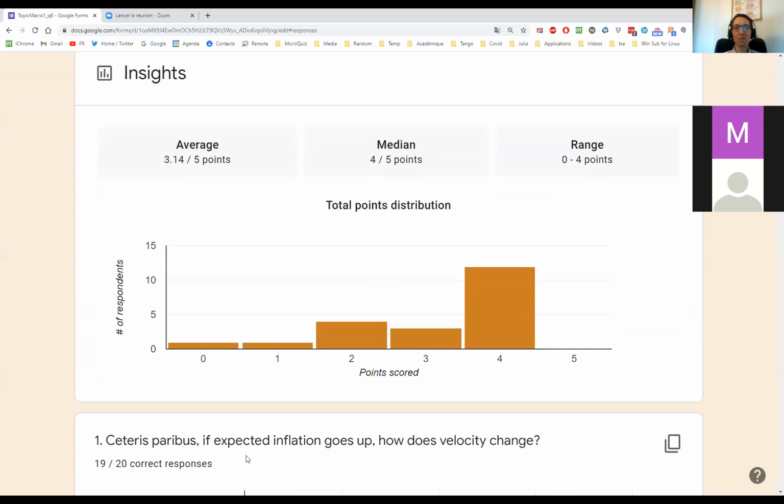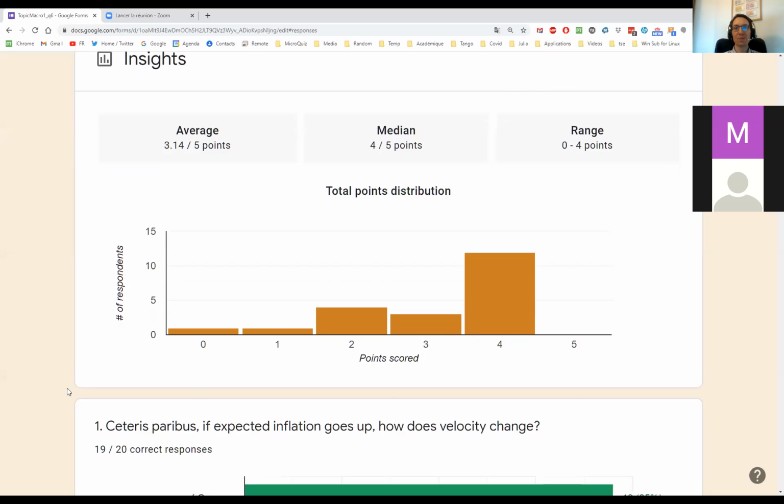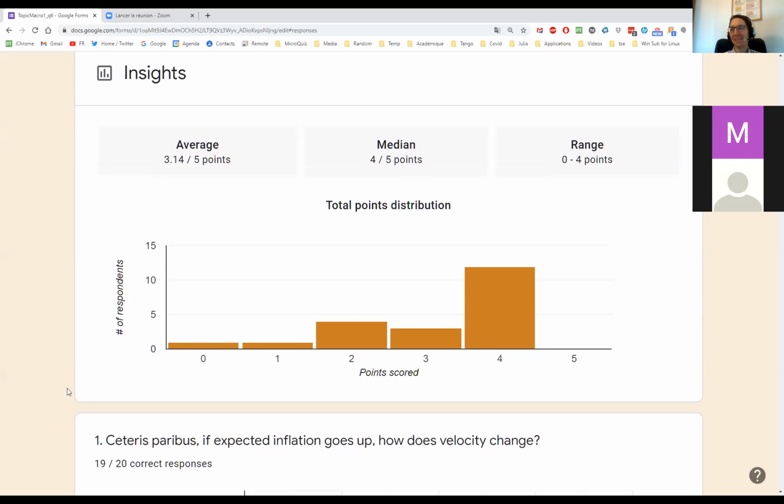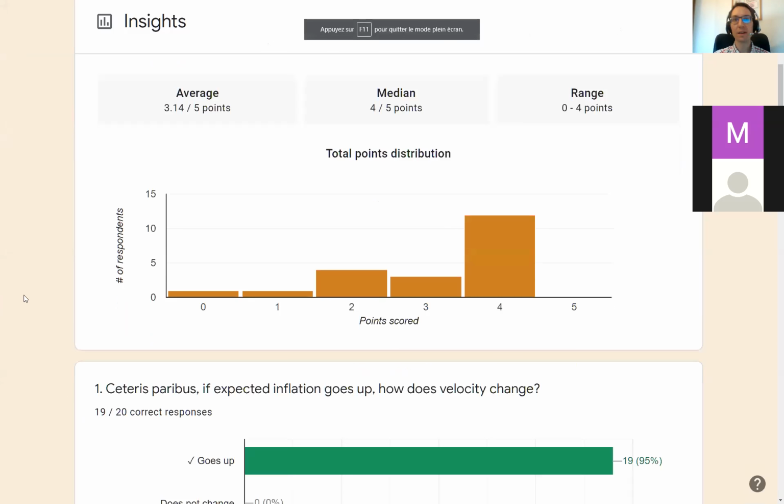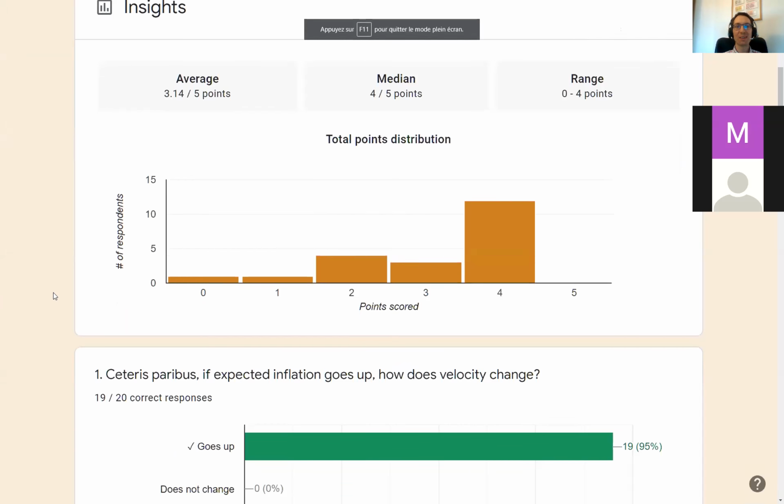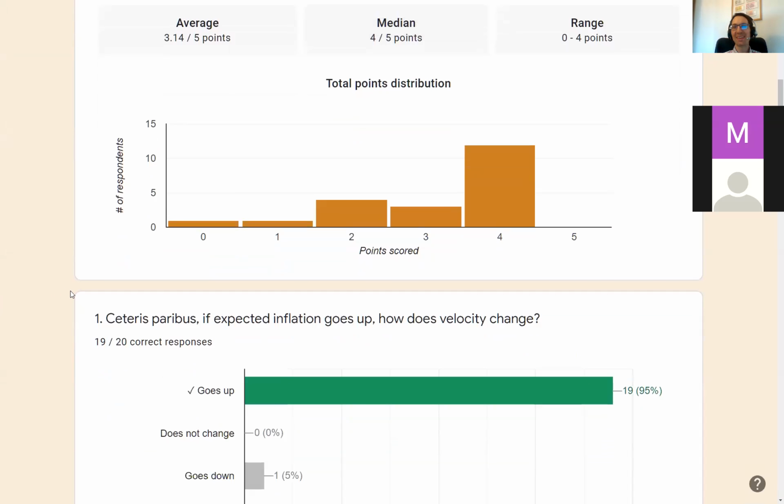Okay, ceteris paribus, meaning taking everything as given, if expected inflation goes up, how does velocity change? Does somebody have a suggestion? Let me put that full screen. So it goes up. Why?